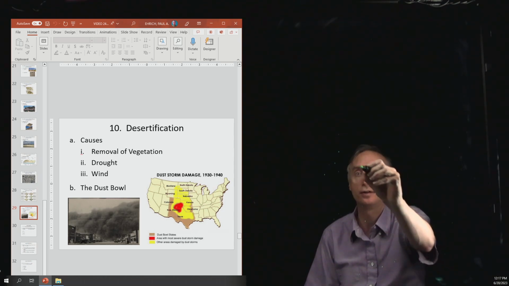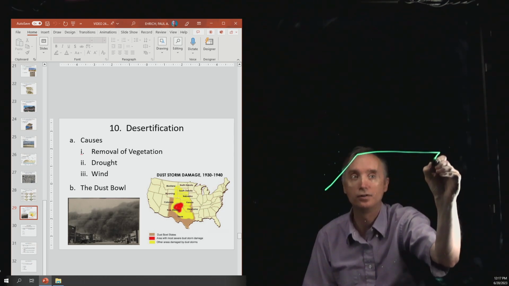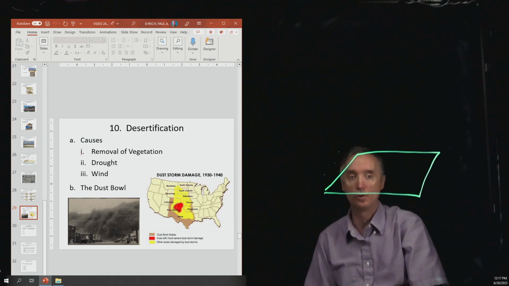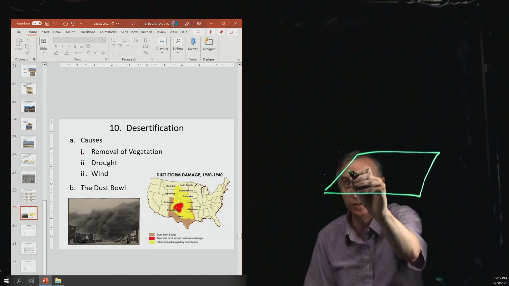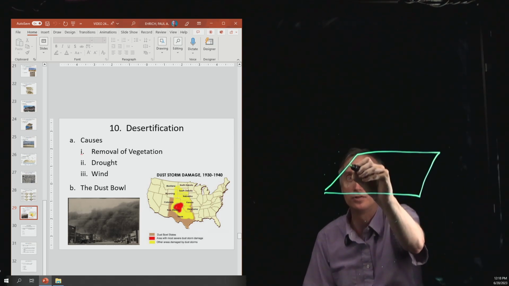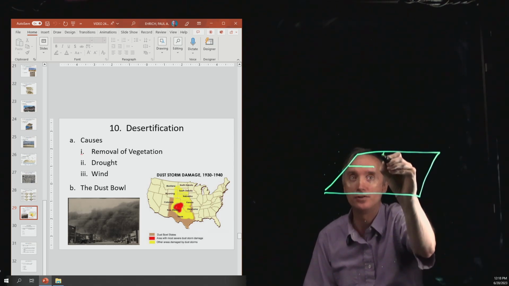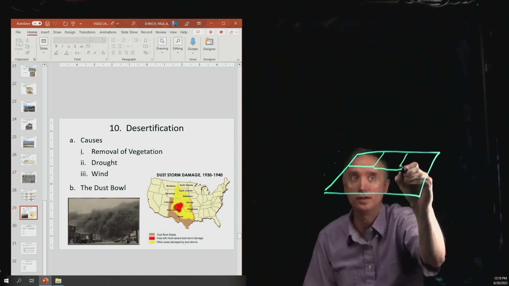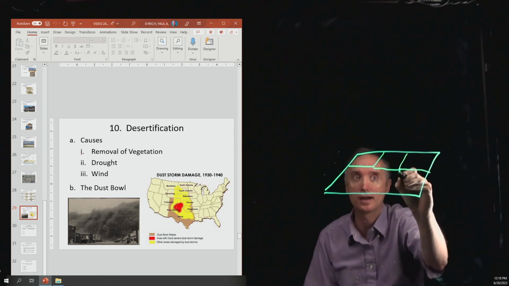Let's say that this is your area that you want to farm. Instead of breaking up all of this material, you can leave some edges where the root system is still intact.